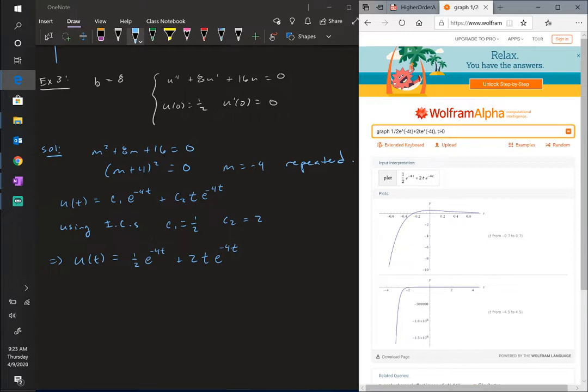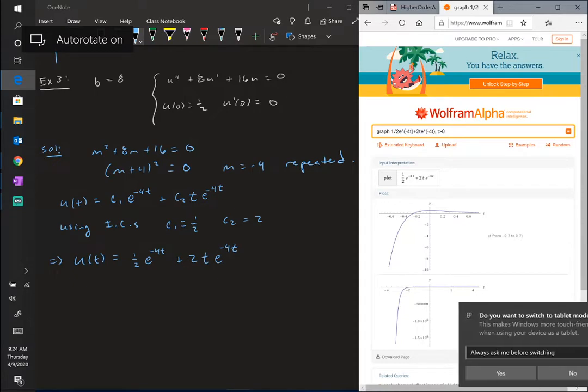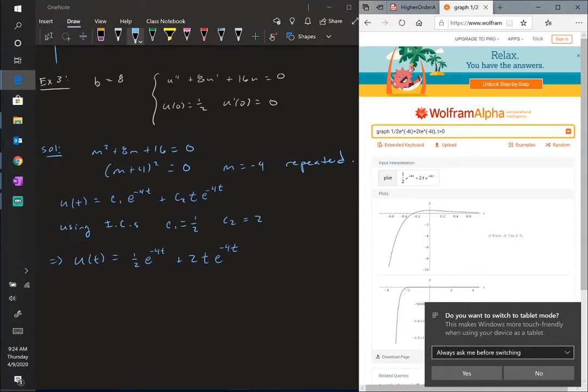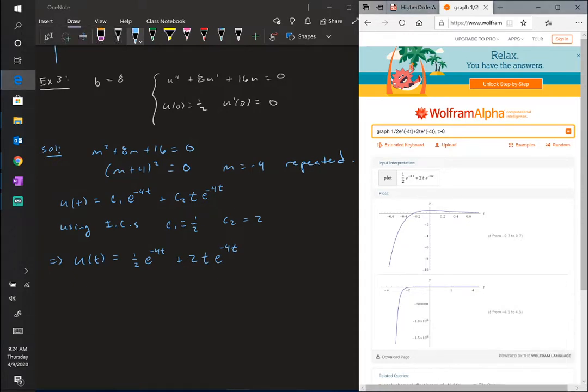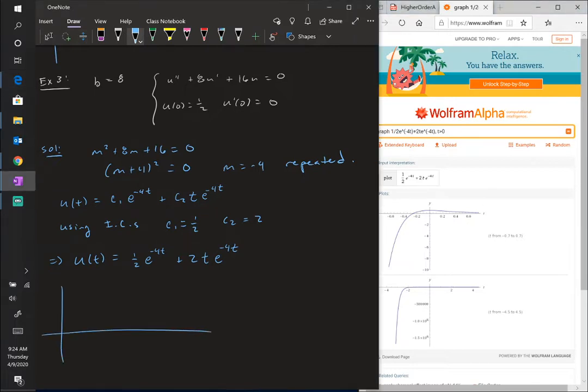So it starts out and then slowly approaches equilibrium and maybe oscillates one time above equilibrium. So this graph looks like this. This is what we call critically damped. So when you have a repeated root, that's how you know you're critically damped. Underdamped, complex roots. Critically damped, repeated roots.